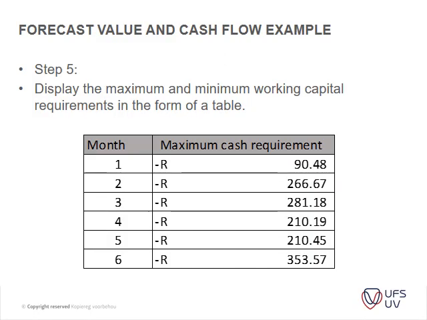Step 5, and this is what you will have to be able to do for me, is display the maximum and minimum working capital required in the form of a table. So you have month 1, your cash outflow.